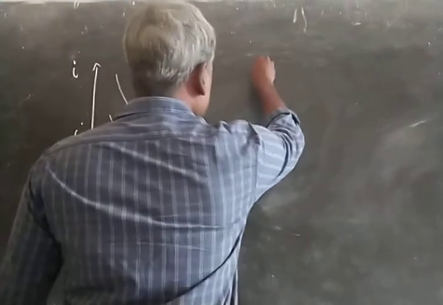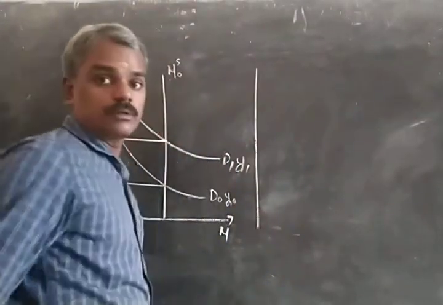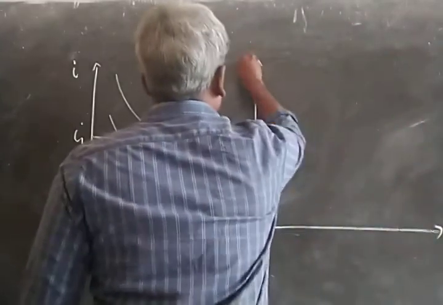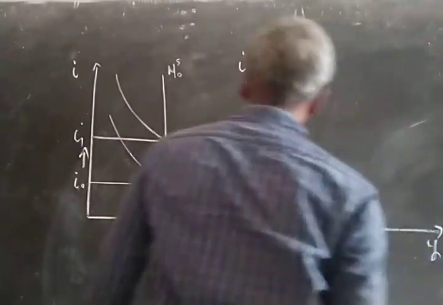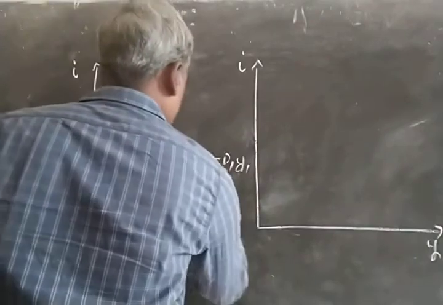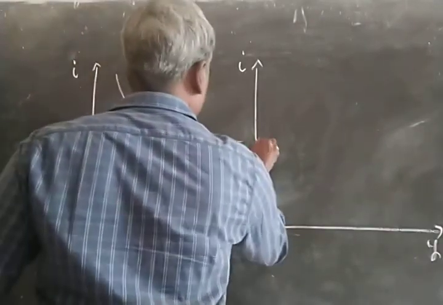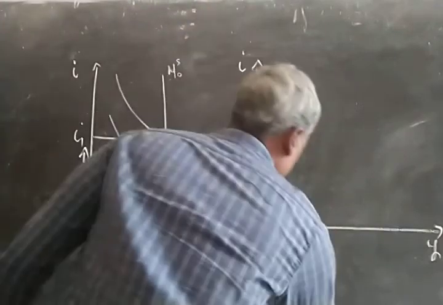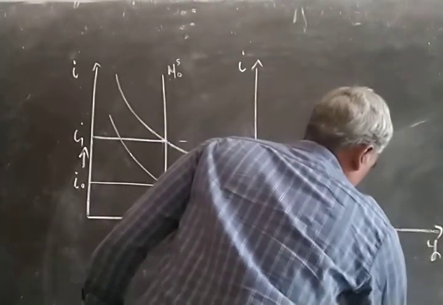So here we are drawing the LM curve, with interest rate and income. This is I0 and this is I1. We have two income levels, Y0 and Y1.